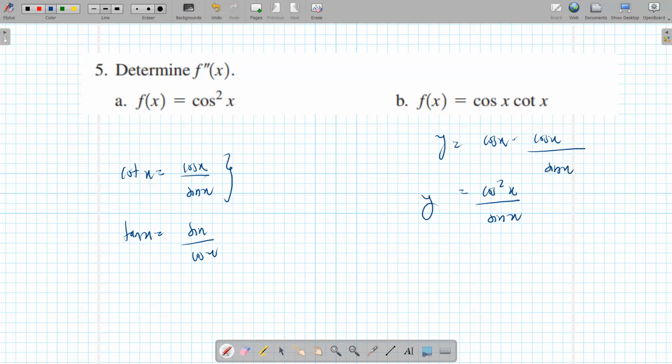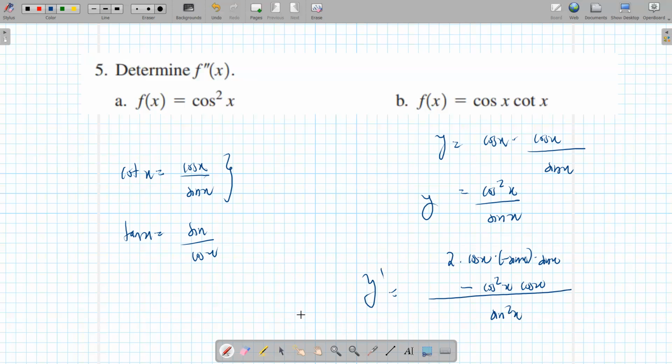You bring the 2 in the front. cos x becomes cos x. What do you multiply this by? Negative sine x. That's just f prime g minus f, and then g prime would just be the derivative of sine x, which is cos x, all over sine squared x, and that's y prime. Cool?